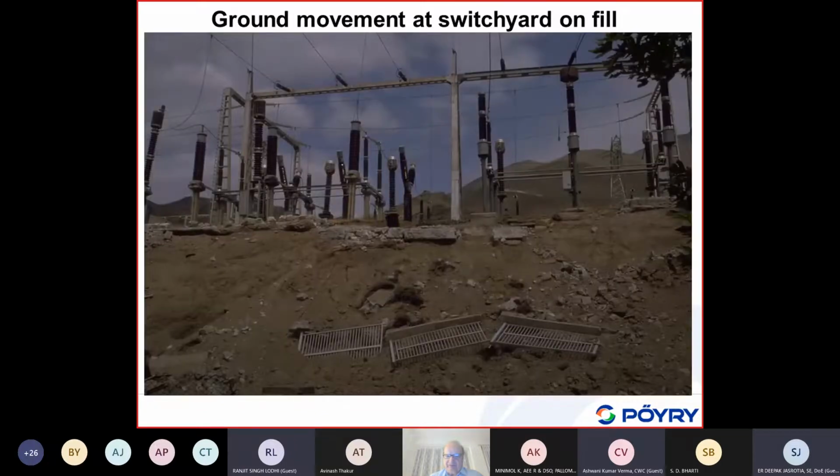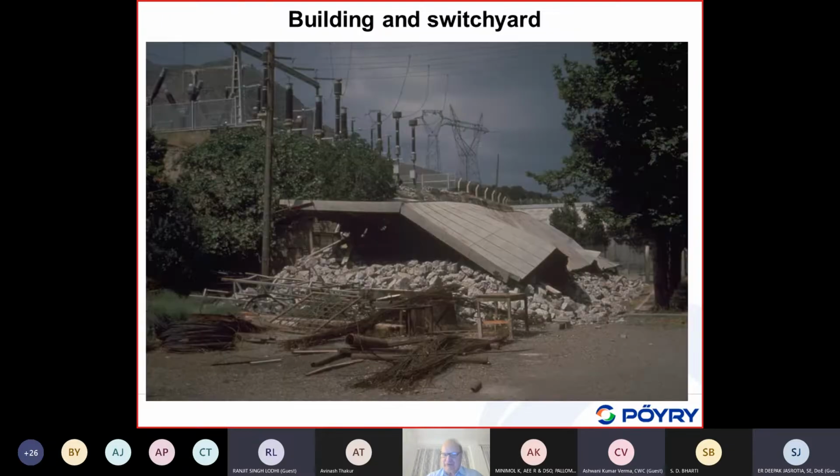You see here, this is a part of the switchyard with fill, and then we have some local slides at the end of this switchyard. So this fill is quite vulnerable under seismic action, and it has to be taken into account in designing this equipment. If you are on fill material, you need stronger anchoring, and if it is on rock, you could use less, but you should usually just take into account the worst case.